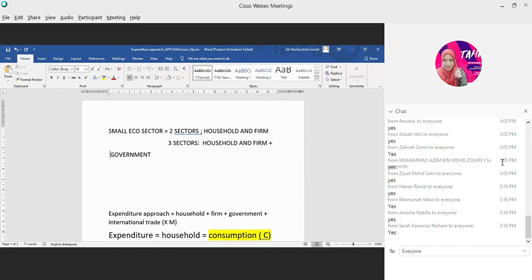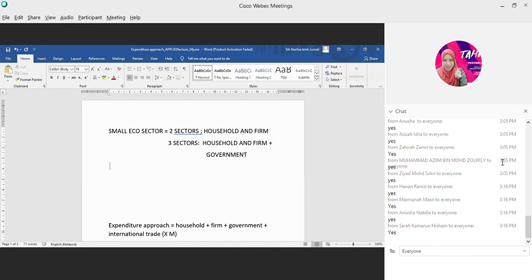The biggest is the four sectors, which is an open economy. Now we have export and import, international trade. Instead of these three, we now open our economy to a foreign country.